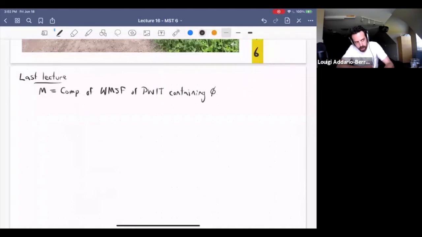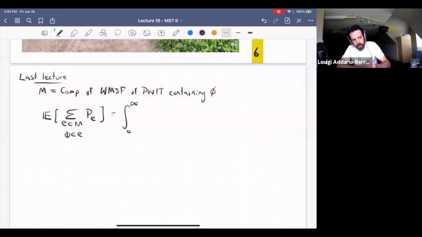Okay, and so we derived the identity that the expected total weight of the edges of this tree which contain the root, so those are these Poisson weights, was the integral from 0 to infinity of lambda (1 minus theta lambda) squared d lambda.